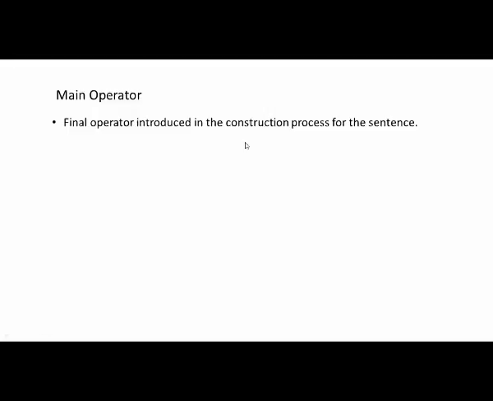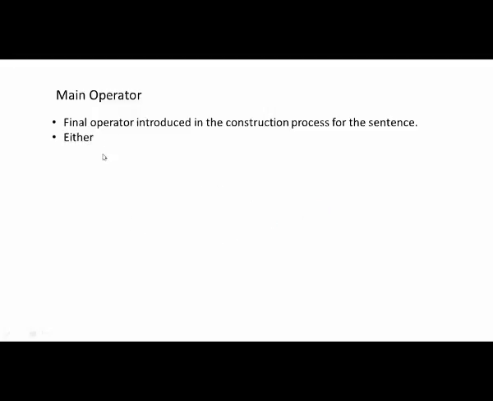Recall that I was suggesting we think of each of those syntax rules as introducing a construction process. And if you imagine a sentence being produced by successive construction processes, then the final construction process for that sentence introduced the main operator. A more practical way of thinking of the main operator is that it's always going to be one of two things.